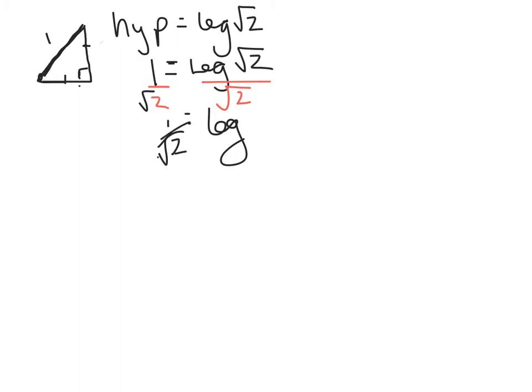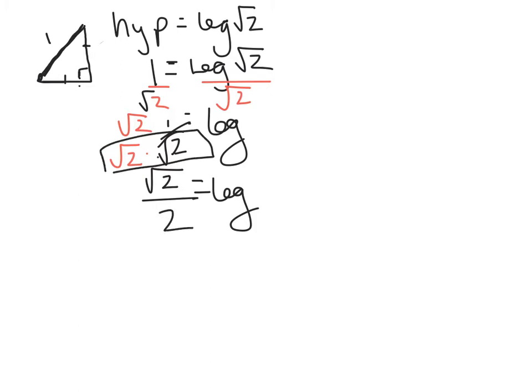Except I'm not allowed to have radicals in my denominator, so I need to rationalize that denominator, multiplying numerator and denominator by square root of 2, so that the leg will equal the square root of 2 over 2, because square root of 2 times square root of 2 is just a 2.